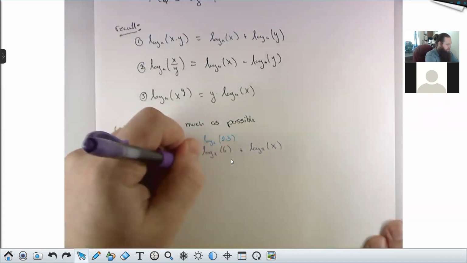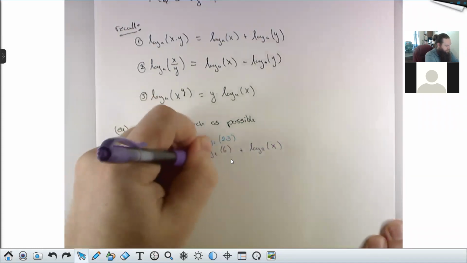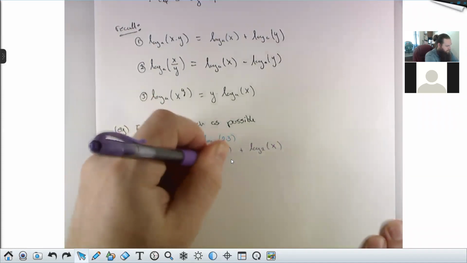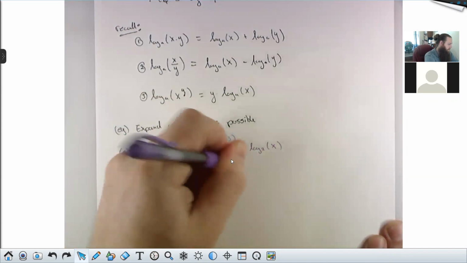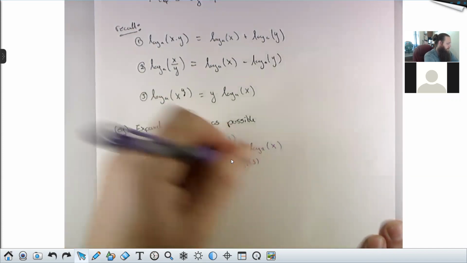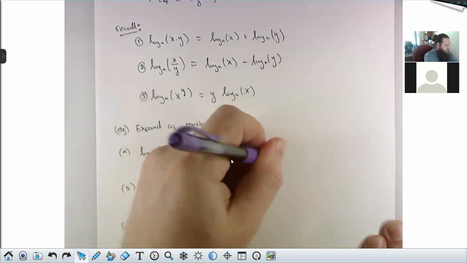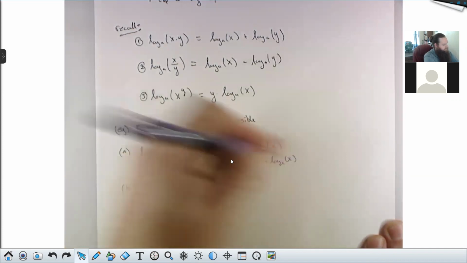So if I wanted to, I could write this piece as the log base 2 of 2 plus the log base 2 of 3. And then the plus log base 2 of x is still there.